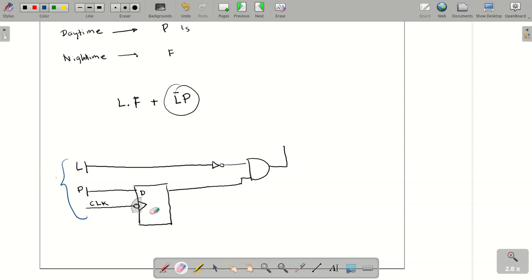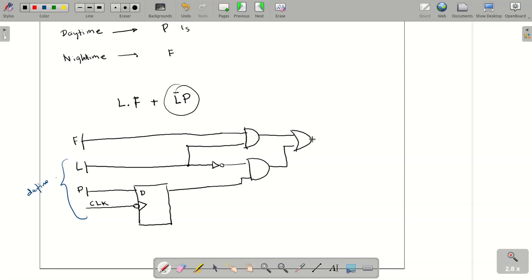Yes, this is the daytime, and for the nighttime, all we need is just L and F. So we have the line coming from F, and then we take it from here and AND it over there, and that is going to go to D. You can call this D, or a nicer way to do this would probably be to put a NOT gate and then call it D, and that's it.